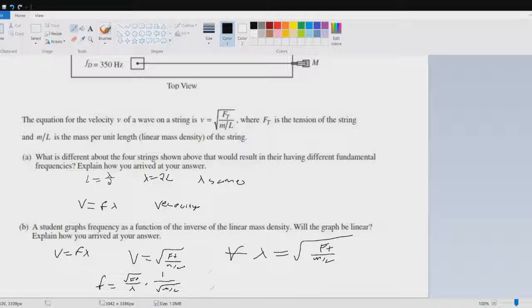And so when we put this into a y equals mx plus b form, the y would be frequency, m would be the square root of Ft divided by wavelength, and the x would be 1 divided by the square root of the linear mass density. And so we know that 1 divided by the square root of something in a function will definitely not be a linear graph. And so that's how we say that the graph is not linear.